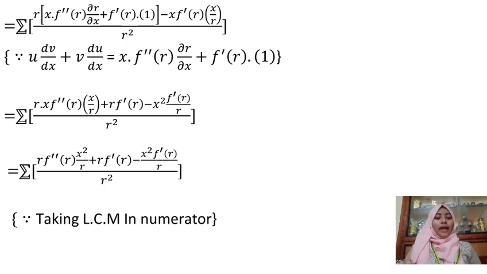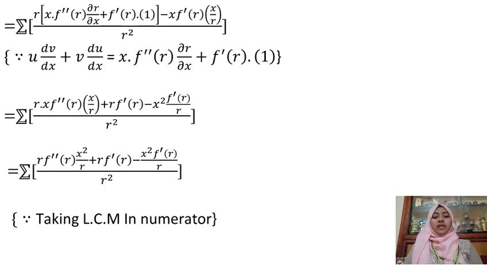Next, after applying that formula, we multiply the outside r to both inner terms. Then we get r into x, f double dash of r, x by r, because we write dou r by dou x as x by r. Plus we also multiply with r into f dash of r minus x square.